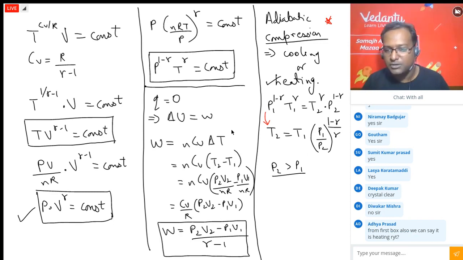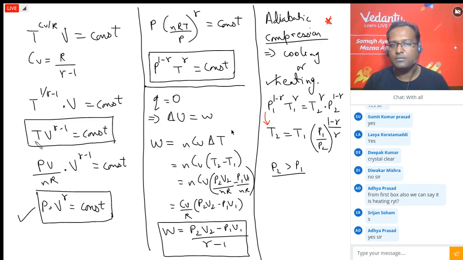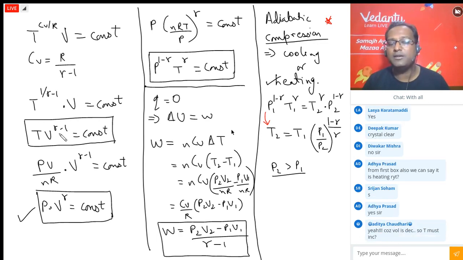From the first box also we can write it is heating, right? First box as in this box. Yes, you can reach the same conclusion that I did from PnT from VnT also. Gamma is greater than 1, so gamma minus 1 is a fraction, but then you'll have slight trouble here.